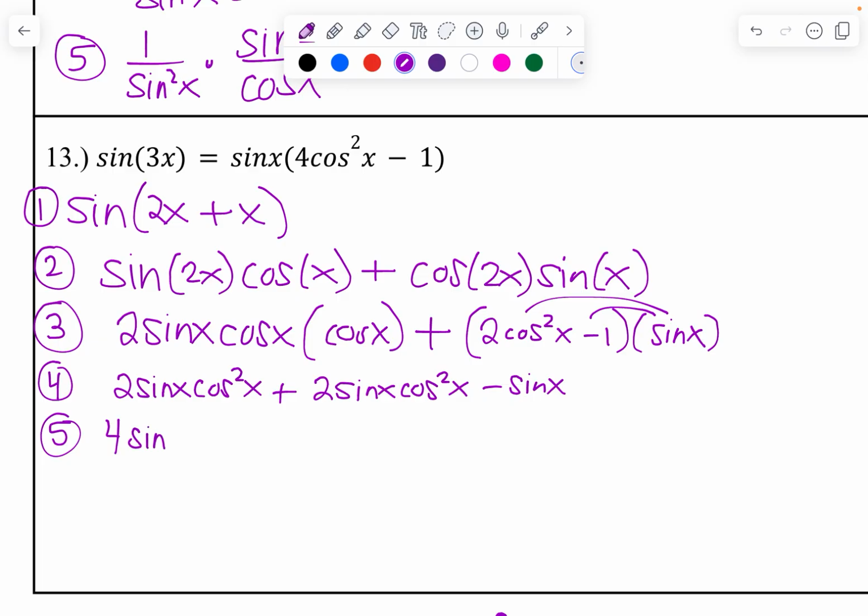So we have 4 times the sine of x cosine squared of x. And then we still have minus the sine of x. And then I can realize, oh, GCF, both of these have a sine of x. So we divide out the sine of x as our GCF, and we have sine of x times 4 cosine squared x minus 1, which is exactly what we had on the right-hand side. And we've proven our identity.